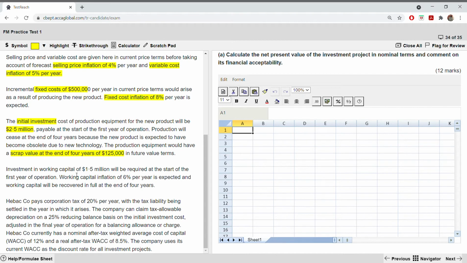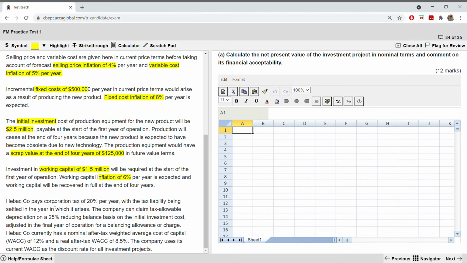Working capital inflation of 6% per year is expected, and working capital will be recovered in full at the end of 4 years. So this is for working capital.